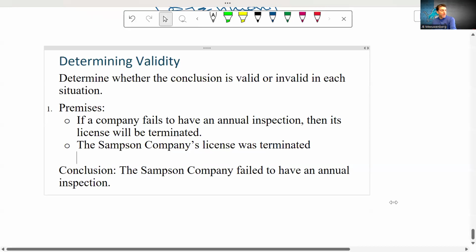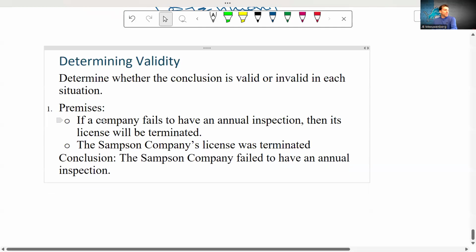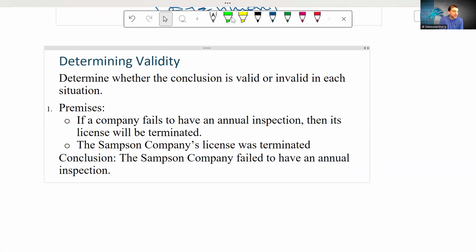So the premises were: if a company fails to have an annual inspection, then its license will be terminated. There's our conditional statement. The Samson Company's license was terminated.